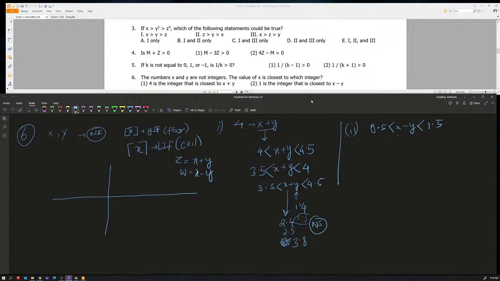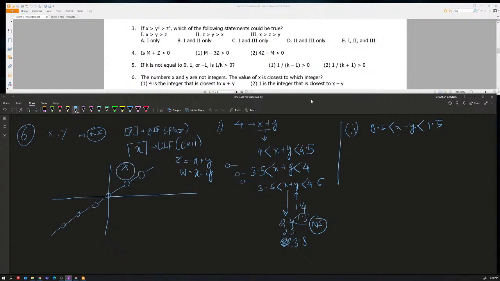Now the problem is x cannot be an integer, so it has to be a fractional function. If we plot it, it would be something like this, where this point is not included. Making x plus y would be a really difficult problem for graphs. We will not use graphs.